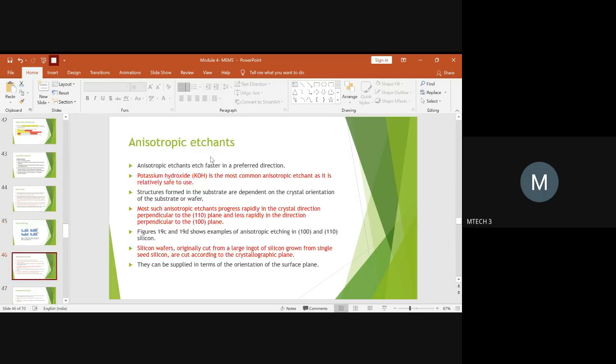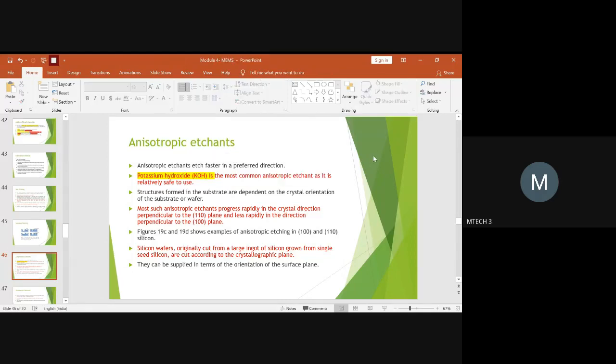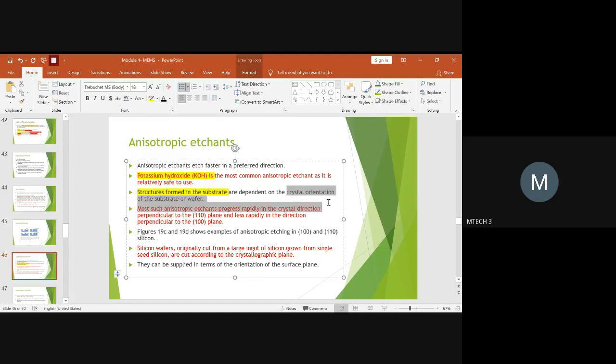So next is the anisotropic etchant. In anisotropic etching, we use a common anisotropic etchant material called potassium hydroxide. This is the anisotropic material we use for removal of the excess material. Here the structures developed on the substrate mainly depend upon the crystal orientation of the wafer or the substrate, as I told you.